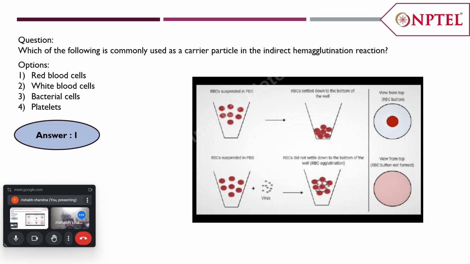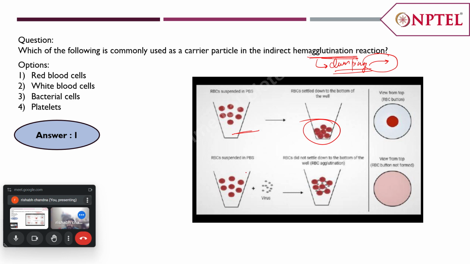Agglutination means clumping, or basically when the membrane of RBCs breaks off, it releases all the components that are present inside the RBC. So that means it has been clumped. This is the real meaning of the agglutination that we are talking about. Whenever we resuspend RBCs in PBS, they settle down in a pellet form.